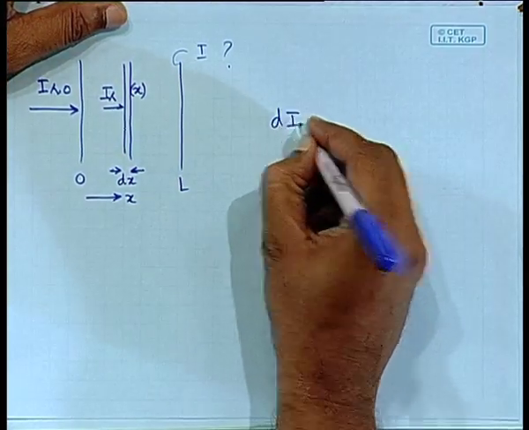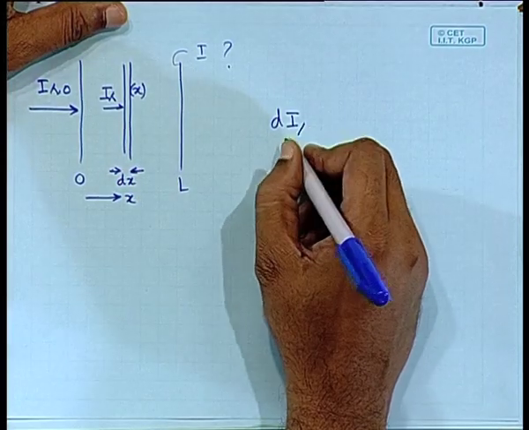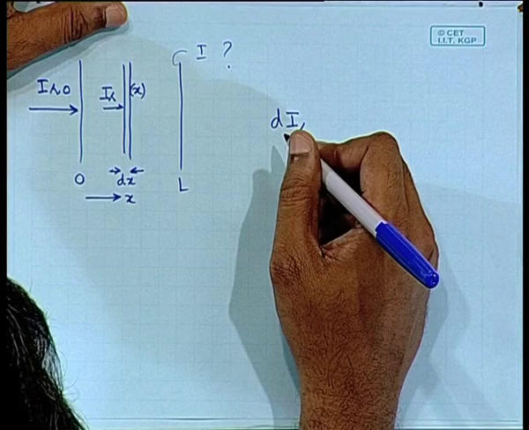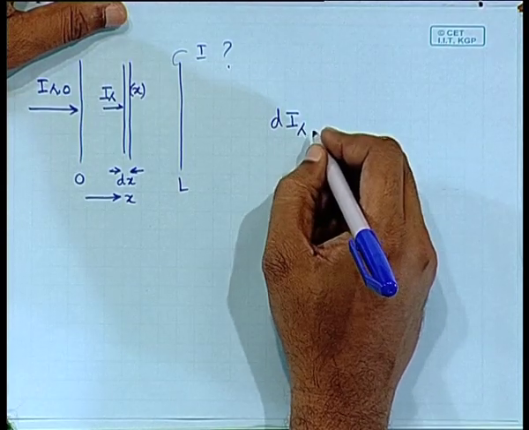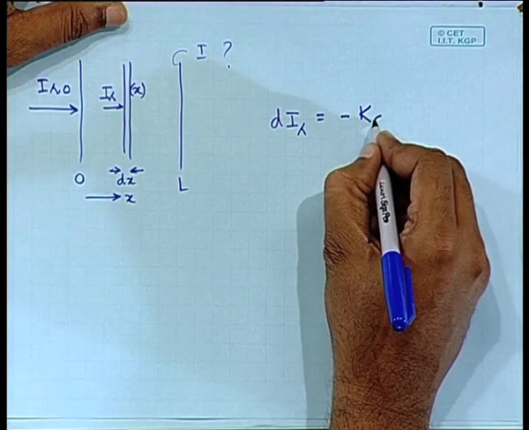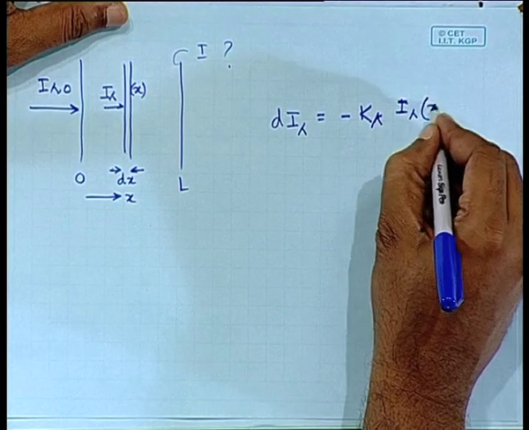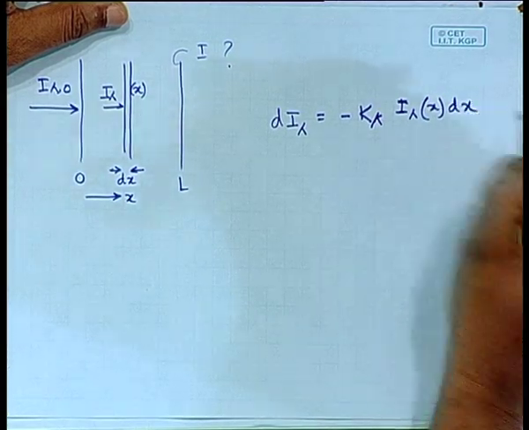So the intensity absorbed by the gas layer of infinitesimal thickness dx will be given by the absorption coefficient and the intensity of radiation at that point.